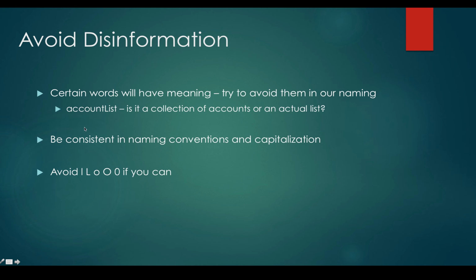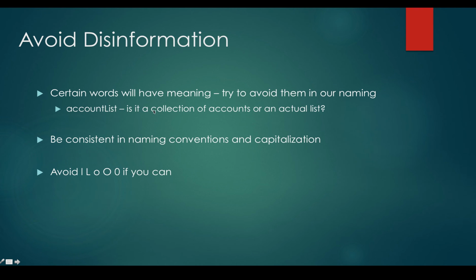A list is a type. You can have lists in Java, and so if I create an object and call it account list, a Java developer will probably look at that and say, oh, that's a list using the list object of accounts. Well, is it really a list?